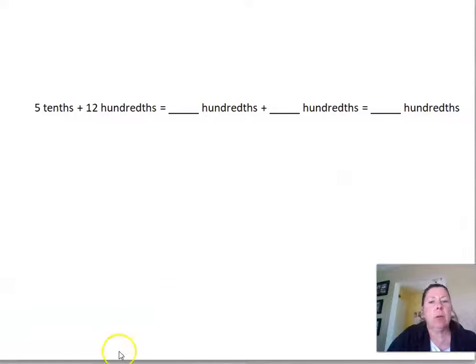So I changed my mind. We're not going to my whiteboard yet. I want to do one more example of adding our tenths and hundredths. This example is letter B in number 2. And we have 5/10ths plus 12/100ths. So I know I need apples to apples, and I don't have that right now. So what I'm going to do is change those 5/10ths to 50/100ths.